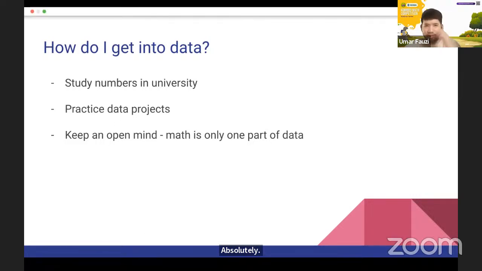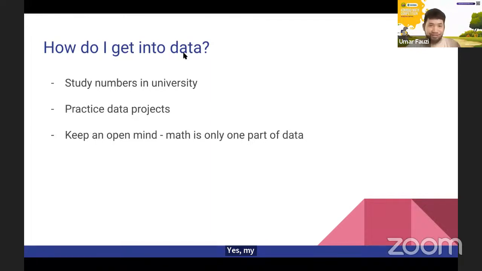Is my speaker not working, or are there no questions?